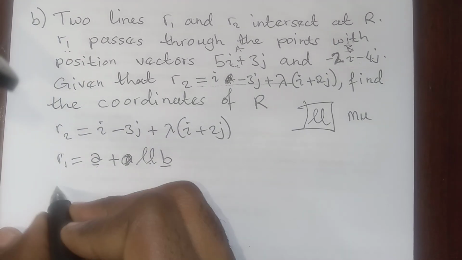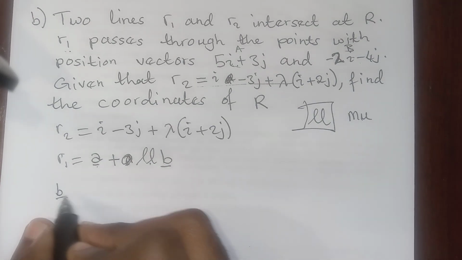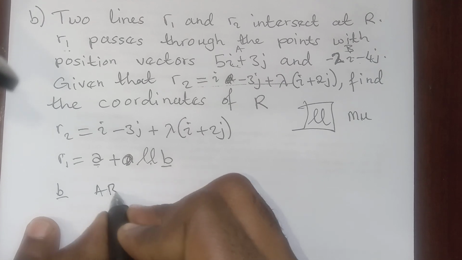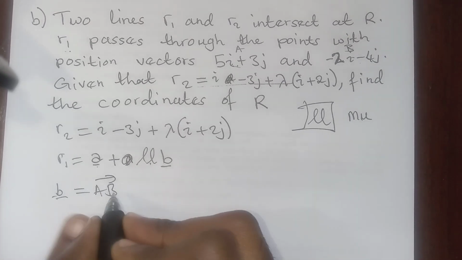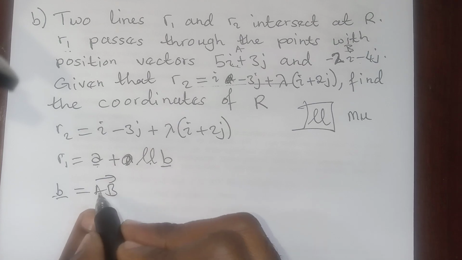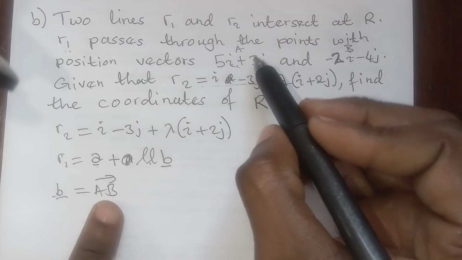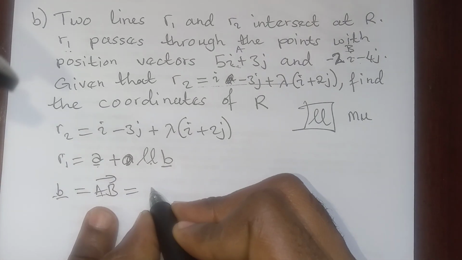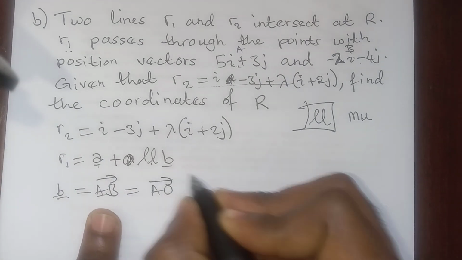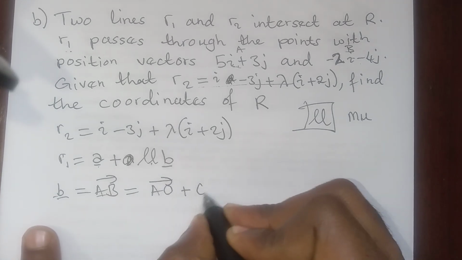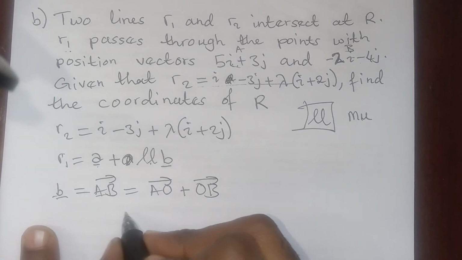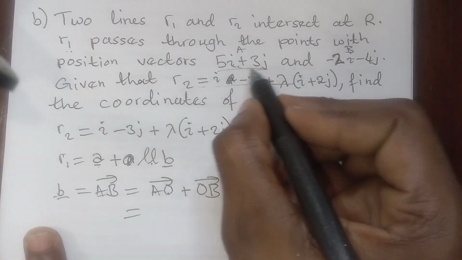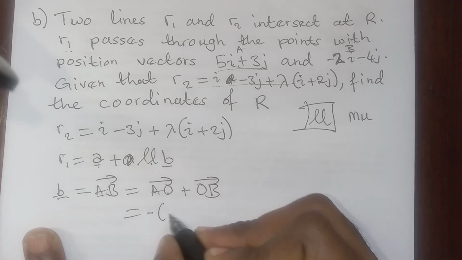So we can start by finding B. If we were to call this one AB, then B will be the direction vector of A and B. So we can just break this down to AO bar plus OB bar, and then our AO will be this in the other direction.